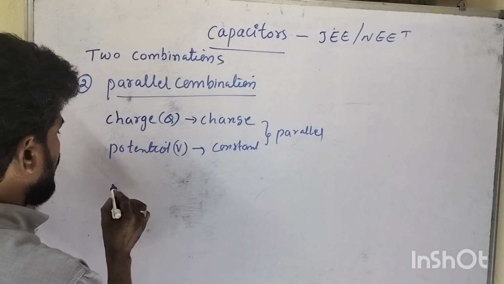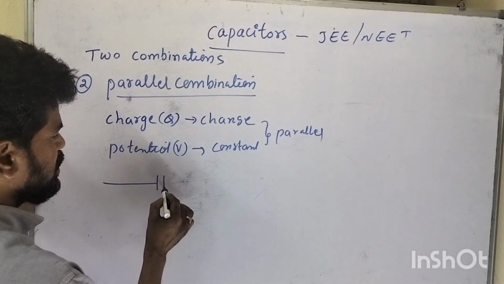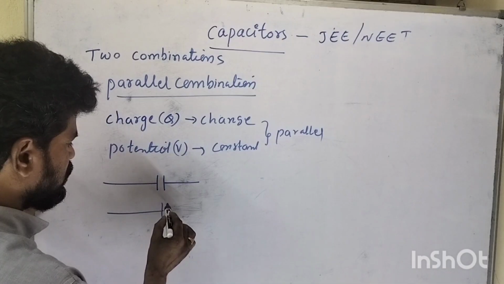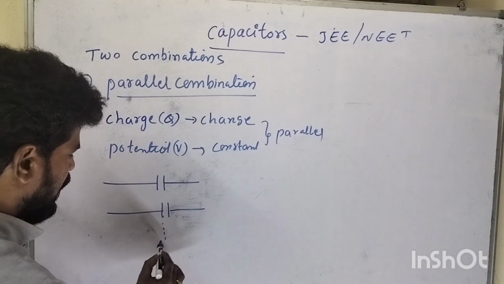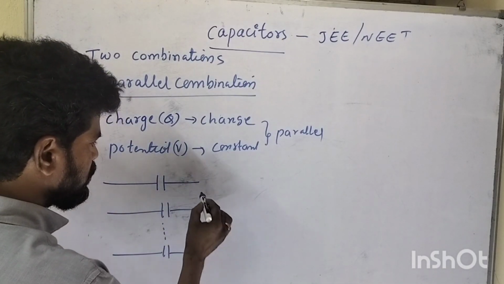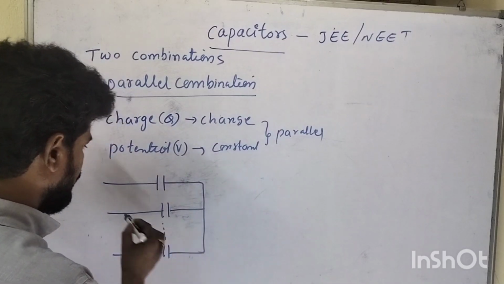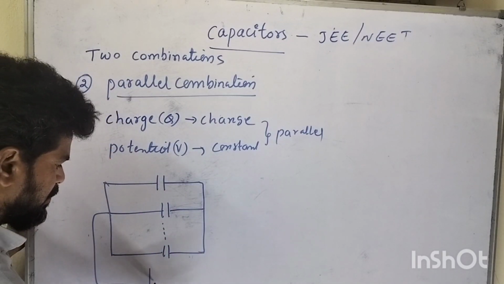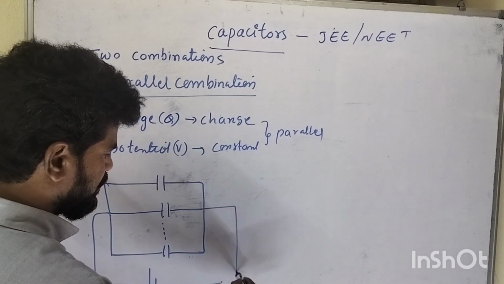So this is known as parallel combination. So here I am drawing a circuit. Let us consider n capacitors, C1, C2, C3 and so on, Cn. So all these capacitors are connected to a battery. Here this is the battery.